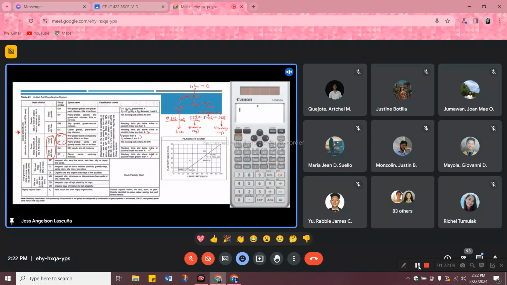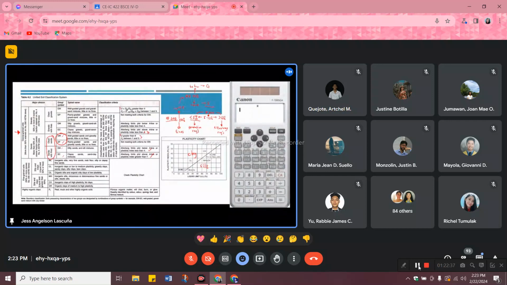When you plot your LL and PI on the plasticity chart, notice the line. Anything that does not pass the line is considered silt, and anything that goes beyond it is clay.